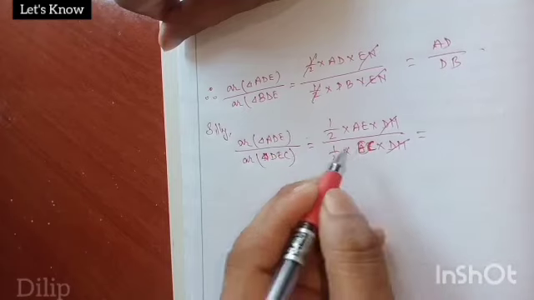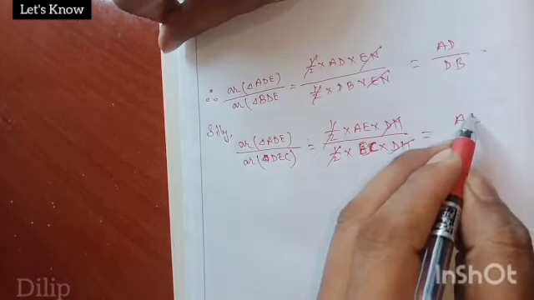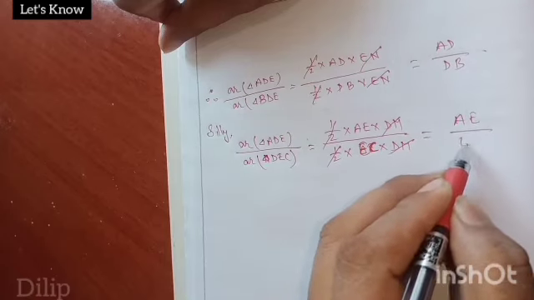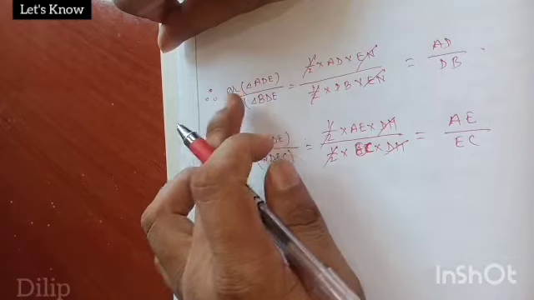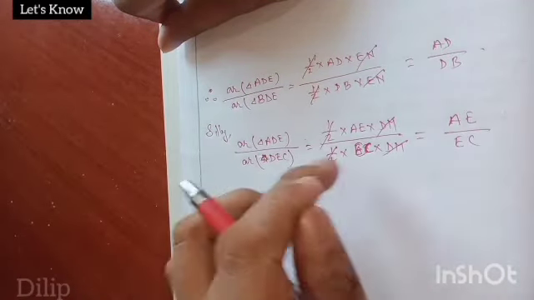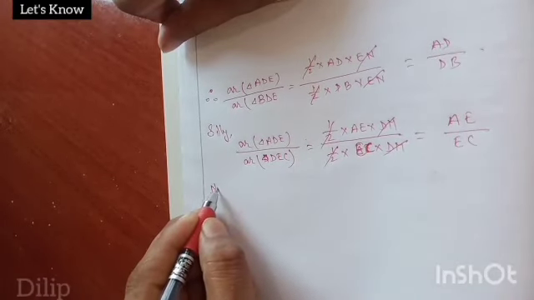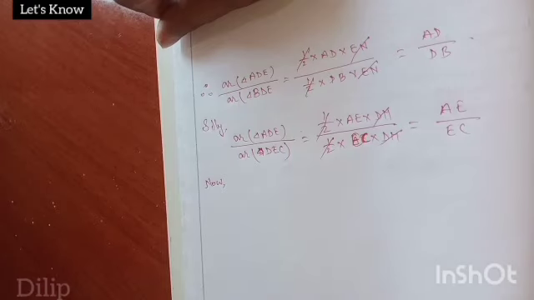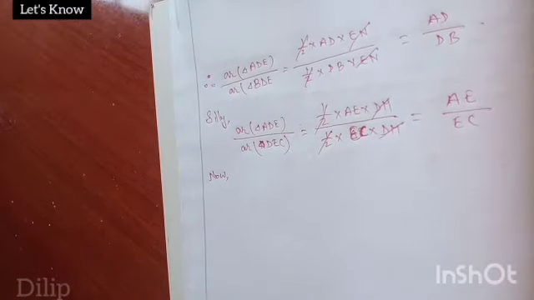So DM can cut, 1/2 can cut, what remaining? AE by EC. From the ratio of these two triangles we have got AD by DB, and from these two triangles' ratio we have got AE by EC. So now we have to check whether the two triangles are equal or not.